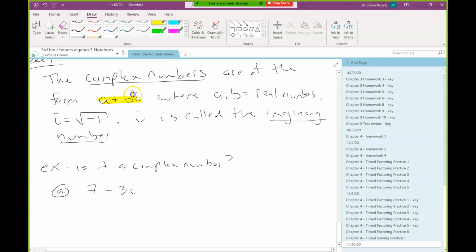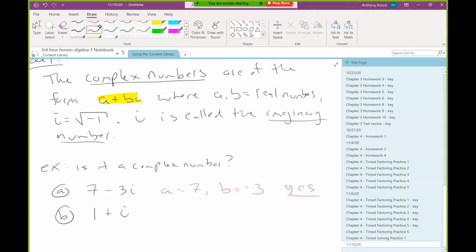So yes, it's a complex number. How about 1 plus i? Is that a complex number? Okay. What's the value for a then? And what's the value for b? Okay.